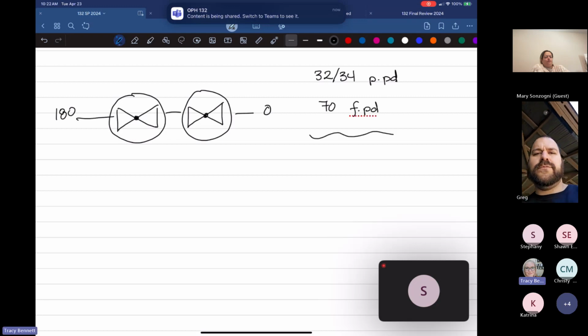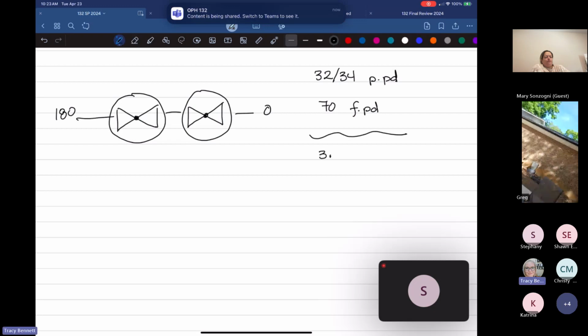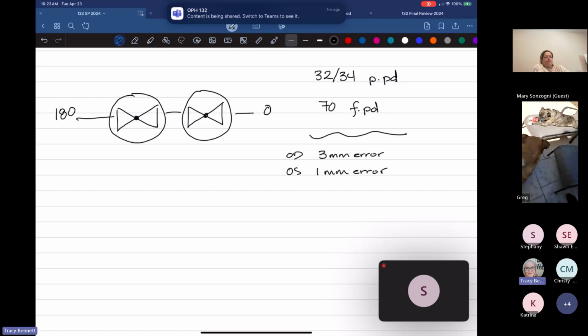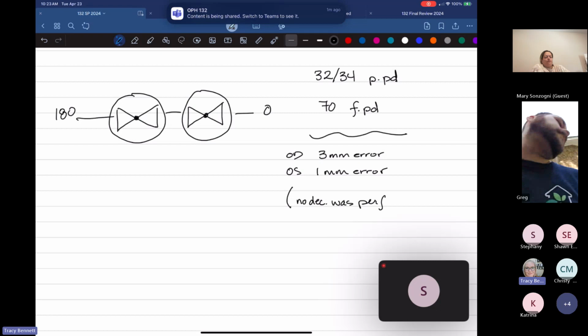And remember when we calculated that, we had 3 millimeters of error and 1 millimeter of error. That was the OD and the OS. All right, so we've got 3 millimeters of error here. And remember, the problem prompted us that no decentration was performed, right?